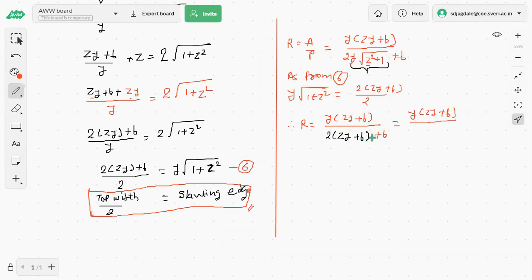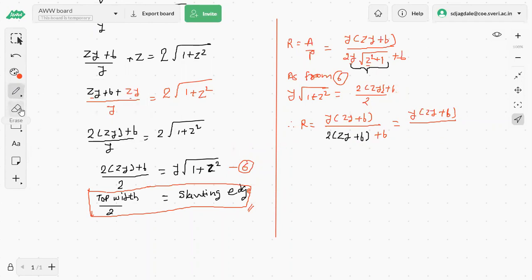Will become a twice b. Oh sorry, b is outside, no? Here we have written that this b is outside. By mistake, I have written it inside the bracket. Just a minute, let me correct it. So here this b is outside. So 2 is multiplying only to the zy. So b is outside.